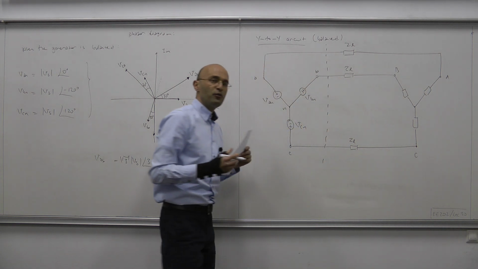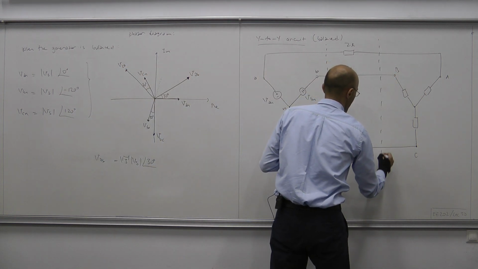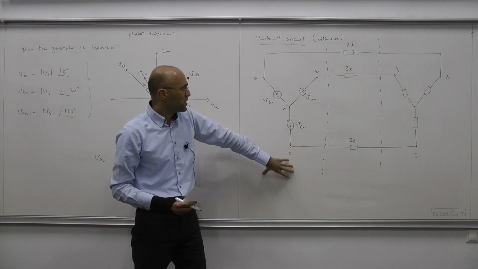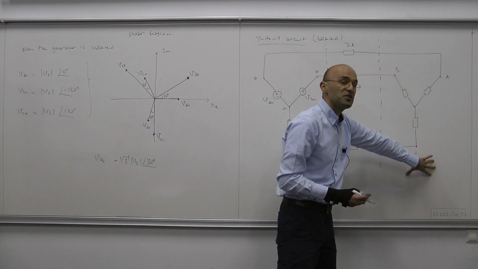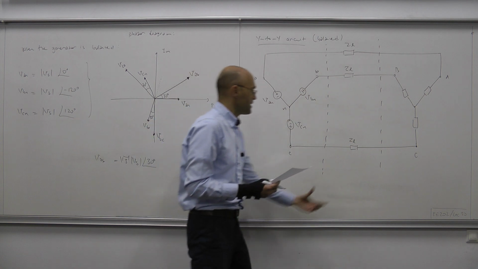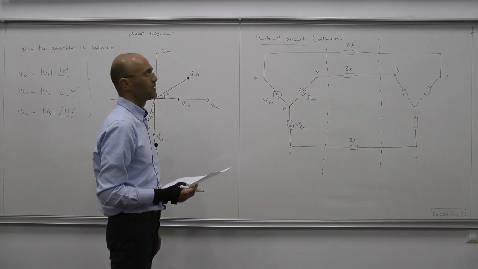Okay, now what else? So in this circuit there are three zones, so to speak. Now this side, or this piece, is called the source side. This side, or this piece, is called the load side. And here in between we have the piece representing the line.